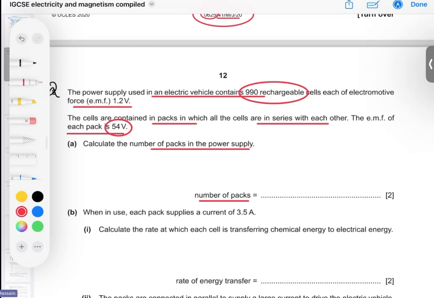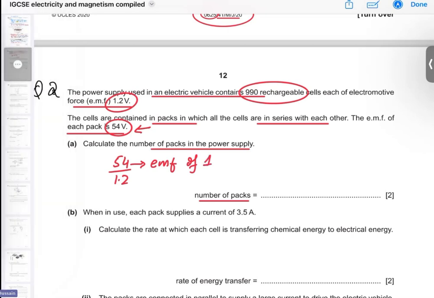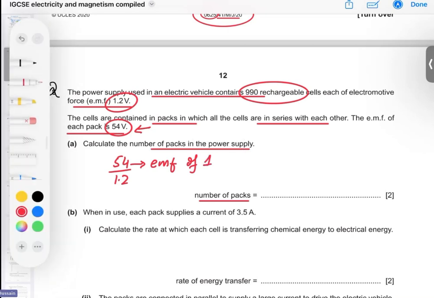Now we know that in series the EMFs add. So if 54 is the total EMF of one pack, and one cell is 1.2 volts, I need to divide 54 by 1.2. Why? Because 54 is the EMF of one pack and 1.2 is the EMF of one cell.